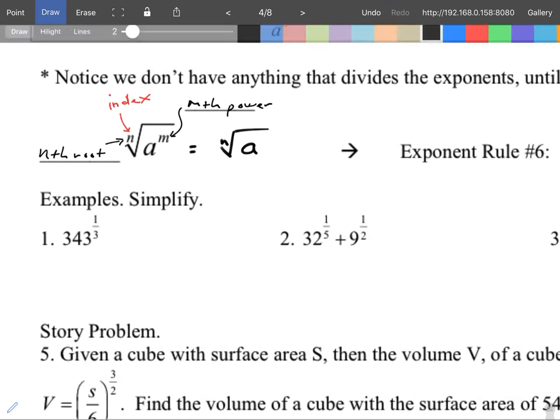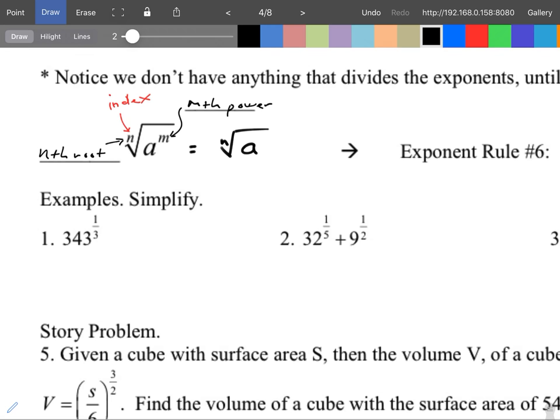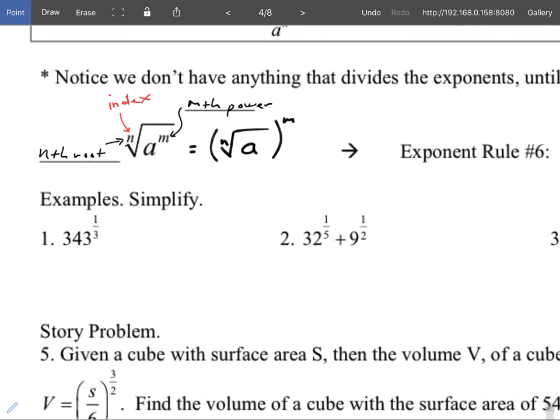But then you can put this whole thing in parentheses, and you can put the m power or exponent on the outside, like that. And I actually prefer it when you write it that way. But these are equivalent. These are the same.